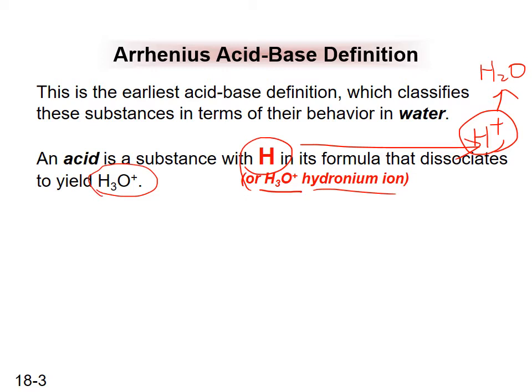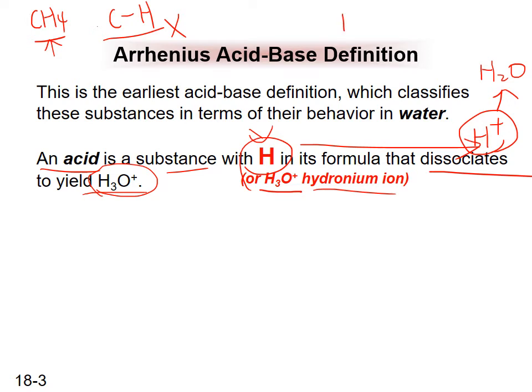Note that an acid is not just a substance with hydrogen in its formula. It must be able to dissociate to yield hydronium ion in water. For example, methane, as we learned in the last chapter, is the smallest organic molecule. Although the molecule contains hydrogen, the bond between carbon and hydrogen is too strong to break, and therefore it cannot dissociate to hydrogen ion, and therefore it's not an acid.